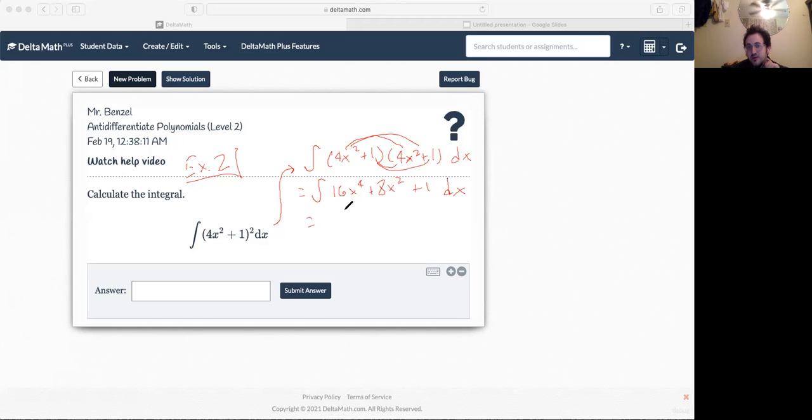And I'm then going to take the antiderivative. So for this, I get x to the 5th, and remember that you want to put this over your new exponent. And then this would be 8/3 x to the 3rd plus x plus c.